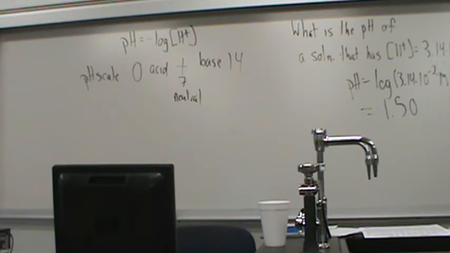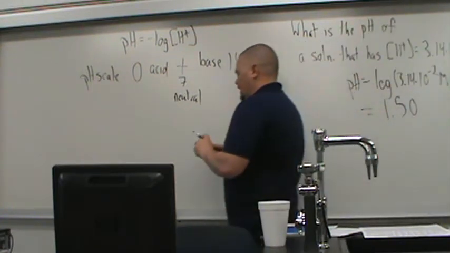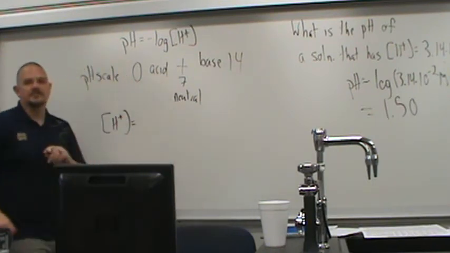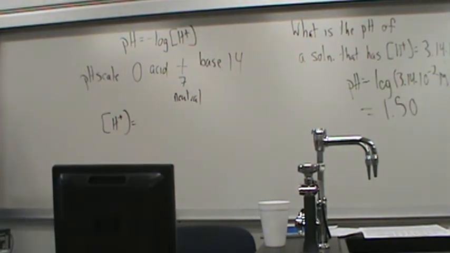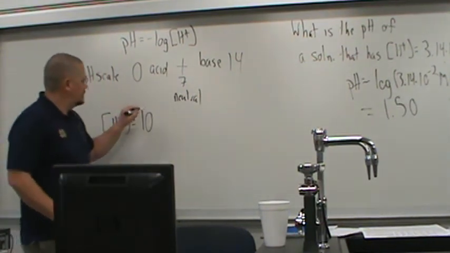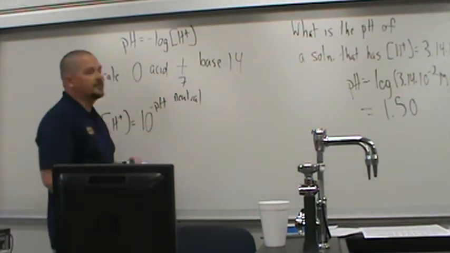Does everybody see that? Okay, that is called the antilog. So if we wanted to find the hydrogen ion concentration, we would take the antilog of the negative pH.